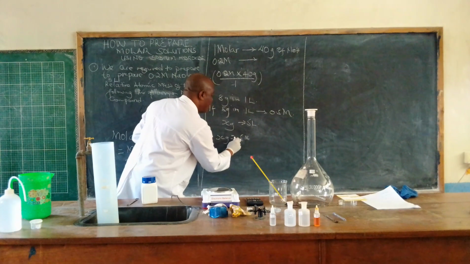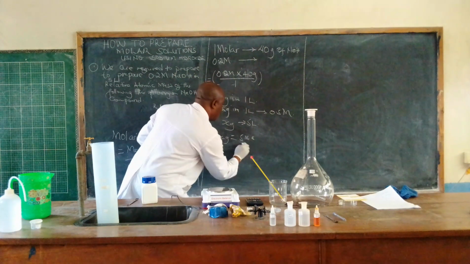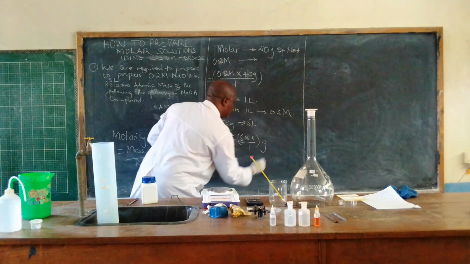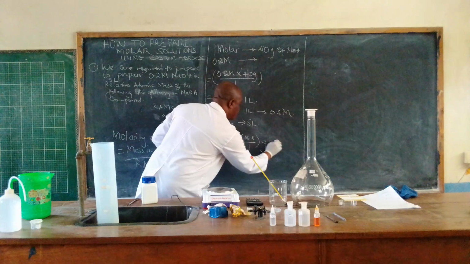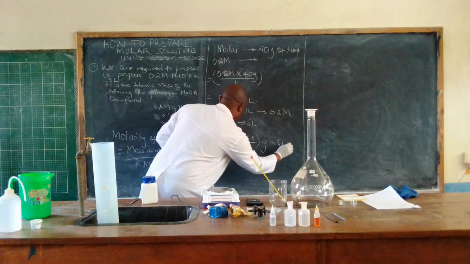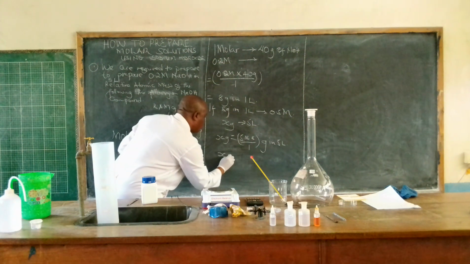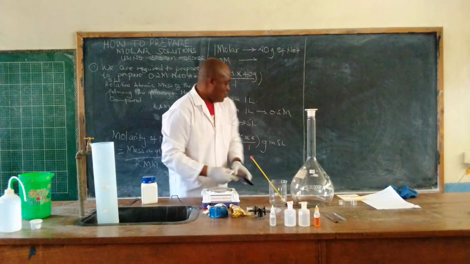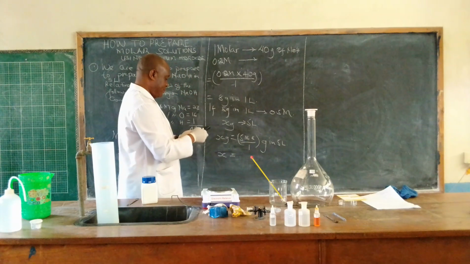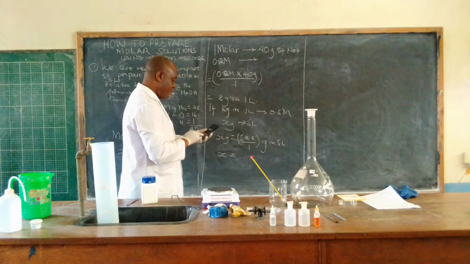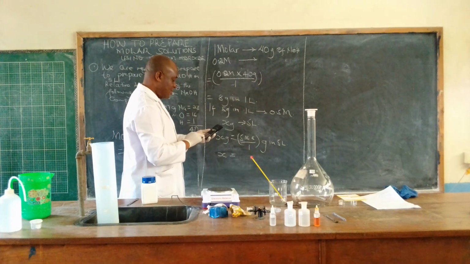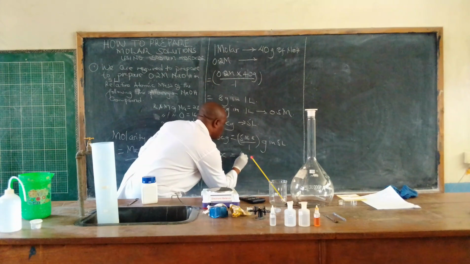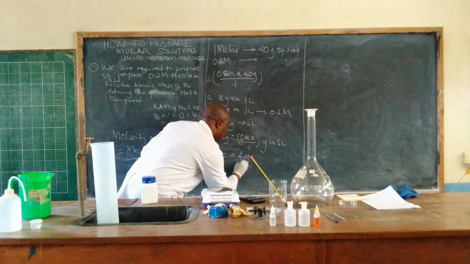So it's going to be 5 times 8 over 1. All these are the number of grams in 5 liters. So our X is going to be equal to, we go back to our calculator, 5 times 8. It's giving us 40 grams.